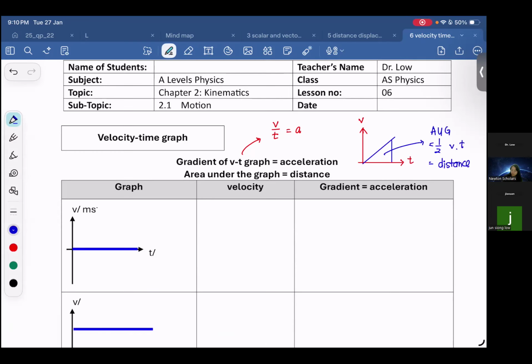Is that clear? V velocity is ms^-1 unit. Time is in second. Second^-1 times second, actually this one can be cancelled. Your only unit is m. M is the unit for distance, or displacement. So when you are calculating area under the graph, you are calculating the distance, or displacement. As long as they didn't change direction, they will be the same. Okay, until here, is that clear?